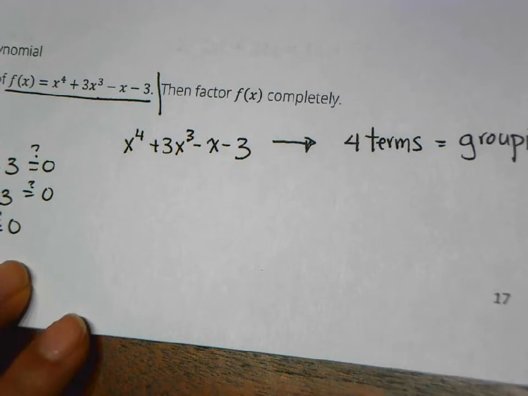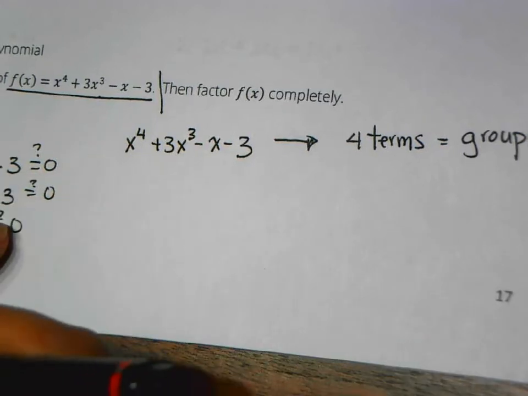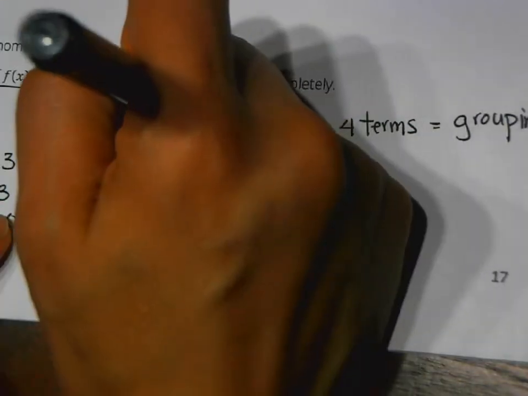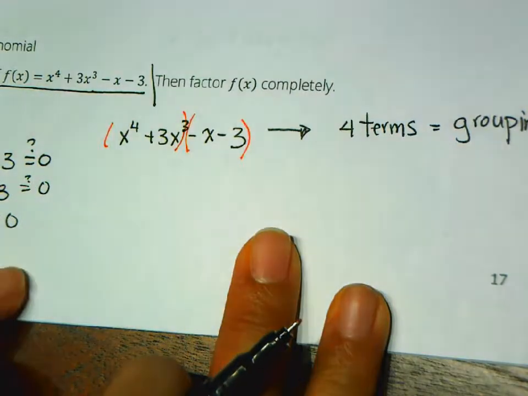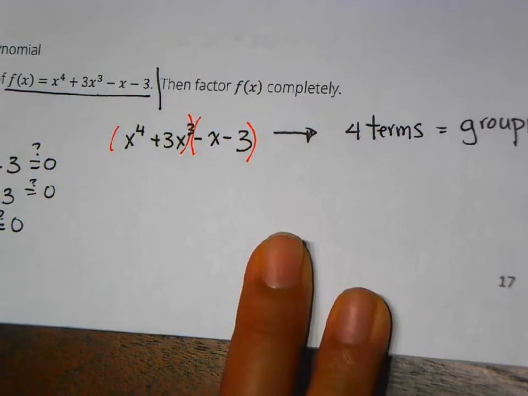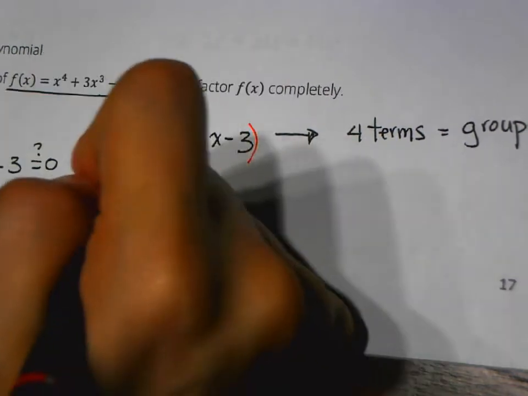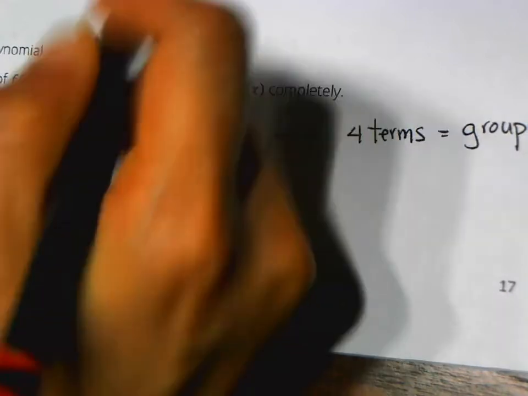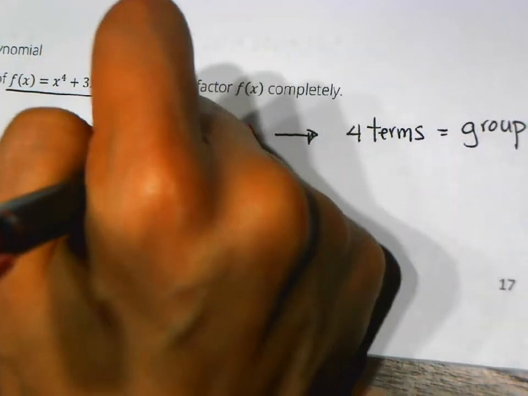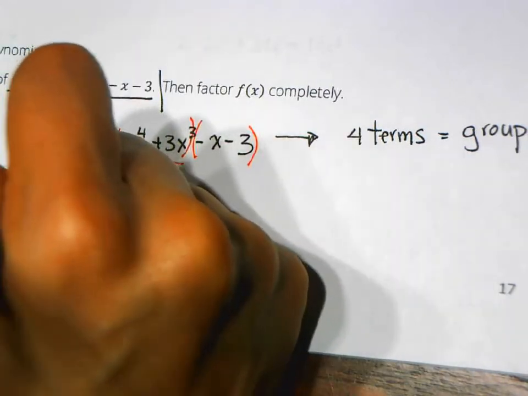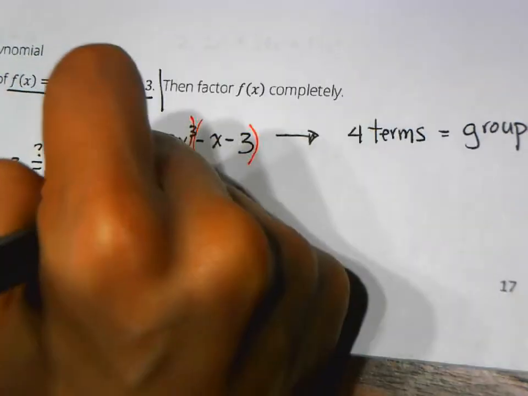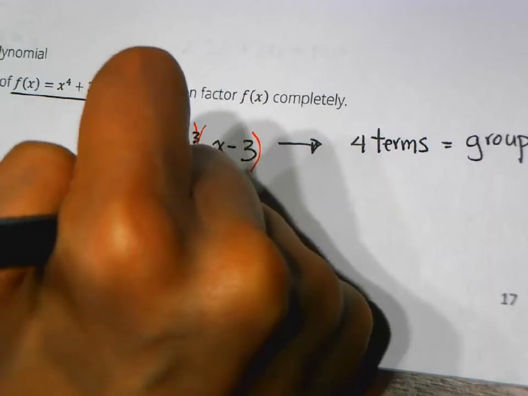I'm going to group the first 2 terms and the last 2 terms, trying to find the greatest common factor of each group. The greatest common factor for the first 2 terms is x to the 3rd power. When I factor that out, I get x to the 3rd times x plus 3.